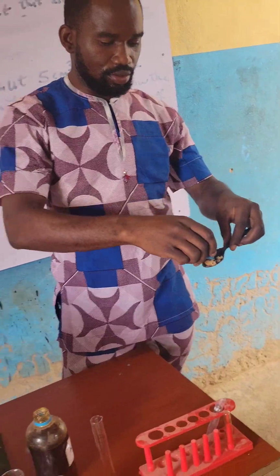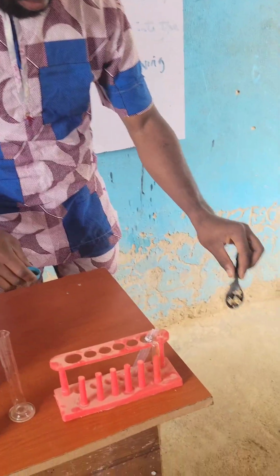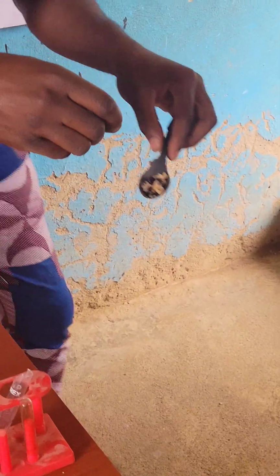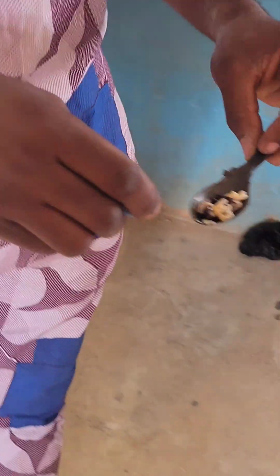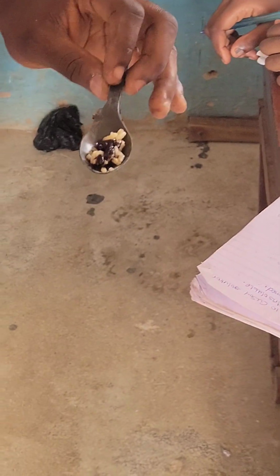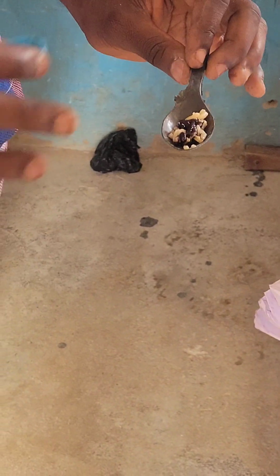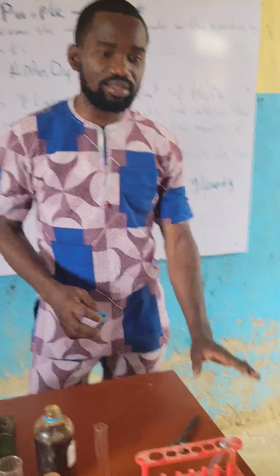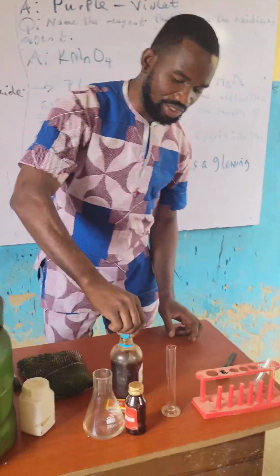If I add the solution, can you see it turned blue-black? If you leave it after a while, the black is going to be very prominent, very visible. Not everything turns black. If you test beans, it's not going to turn black because beans is protein. Protein does not have starch in it.